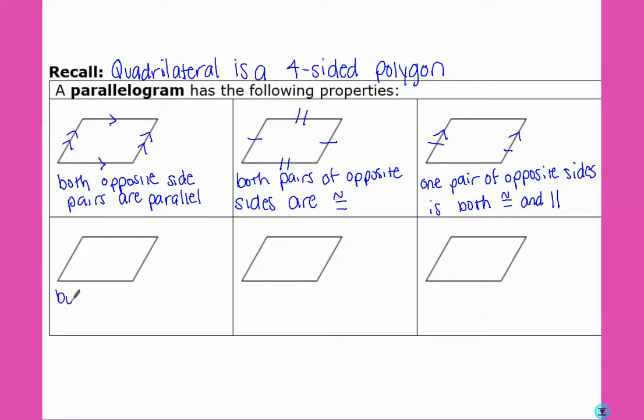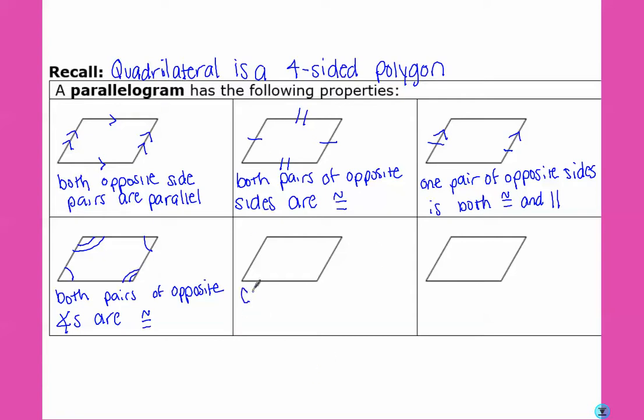We know that both pairs of opposite angles are congruent. So this angle with this angle, this angle with this angle.